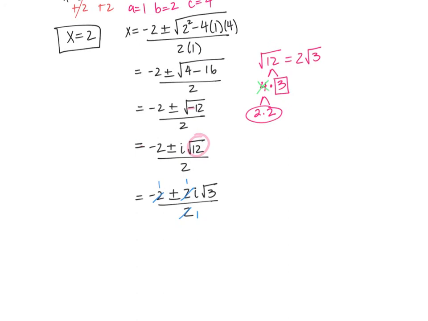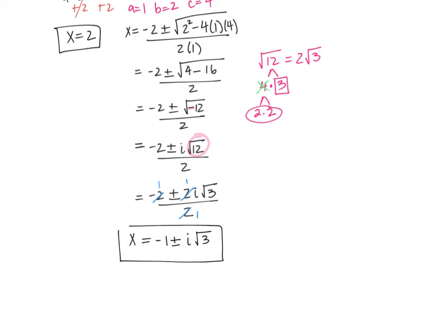So I can really write this as negative 1 plus or minus 1i, or just an i, square root of 3. Actually, I don't need the 1 in the denominator because if I write this over 1, it's a little bit redundant, so I can get rid of this fraction. And let me bring down this x. There we go.